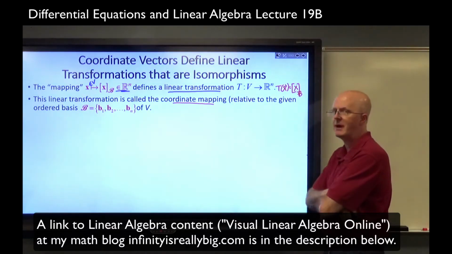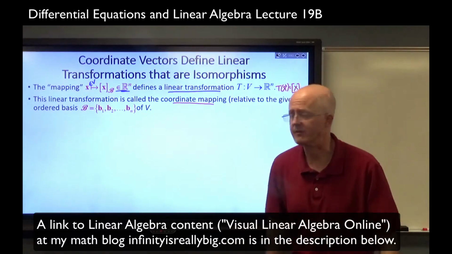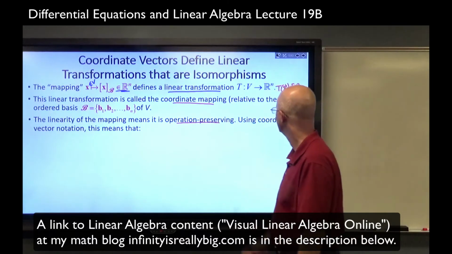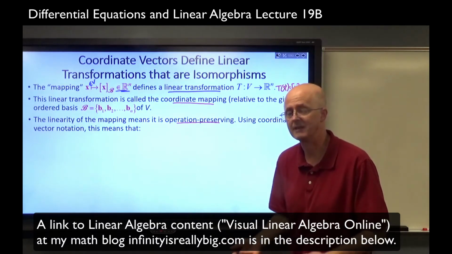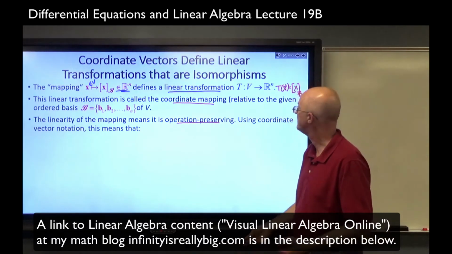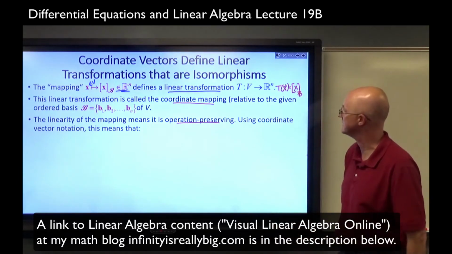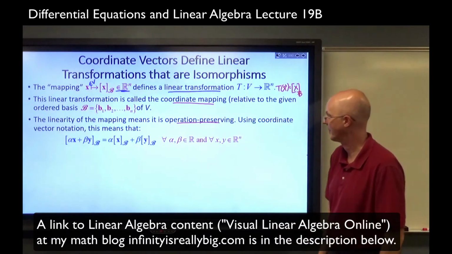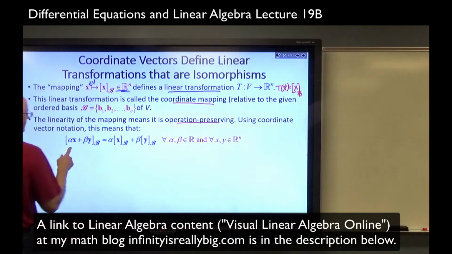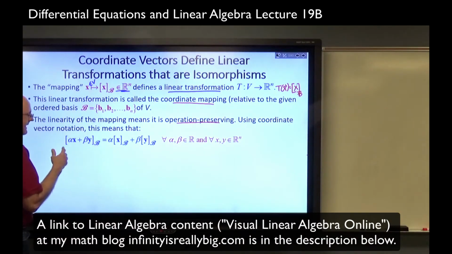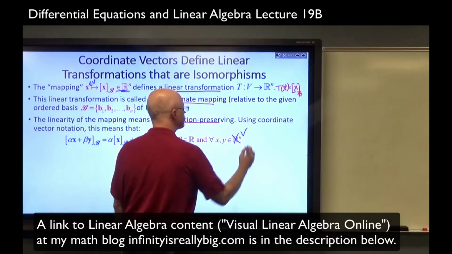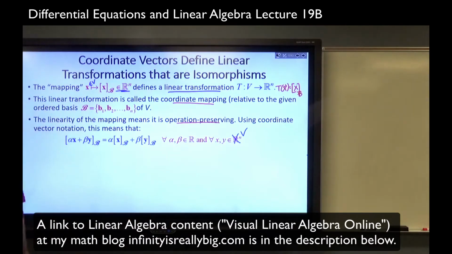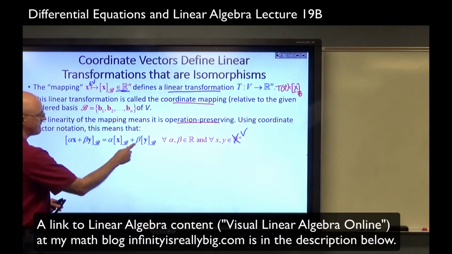What does it mean to be a linear transformation? It means it's linear. It's operation preserving. I could use the T notation, as I always have to this point for operation preserving. I could write down the equation. But because T of x equals this new notation in terms of the coordinate vector, I can also write this. The coordinate vector of alpha x plus beta y, where alpha, beta are arbitrary real numbers and x and y are arbitrary vectors in V, this is a typo, this should be a V, equals alpha times the coordinate vector of x plus beta times the coordinate vector of y.